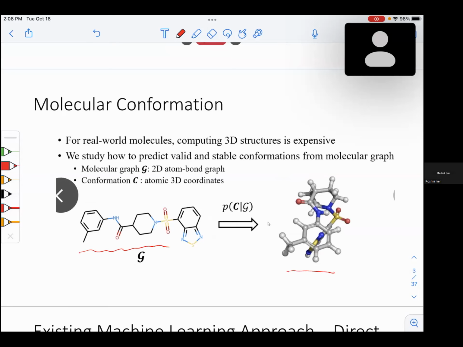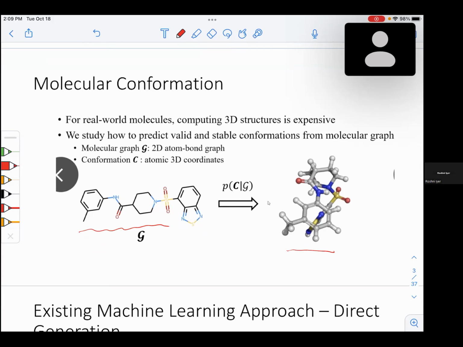To be specific, they use this model to predict valid and stable conformations from the molecular graph, where the model input is the 2D atom-bond graph, and the output would be the 3D coordinates for each of the particles.